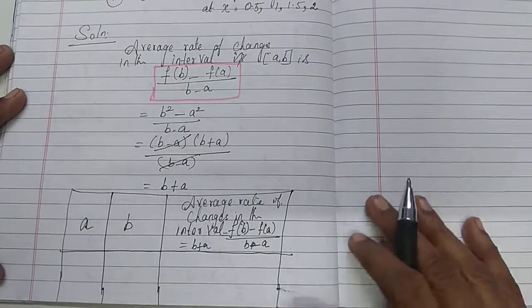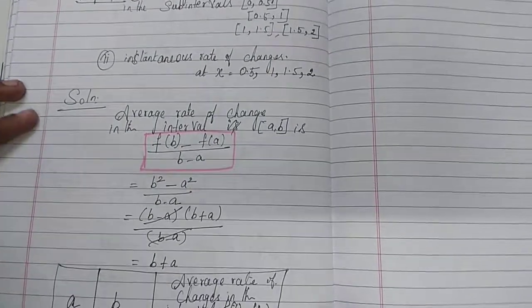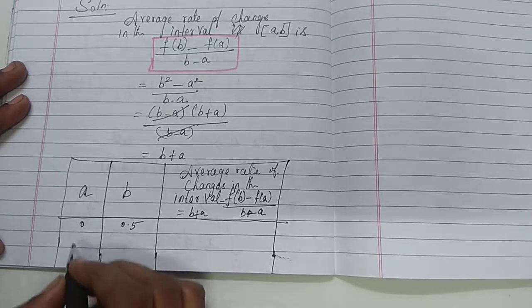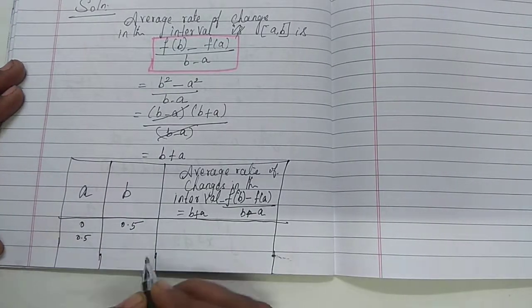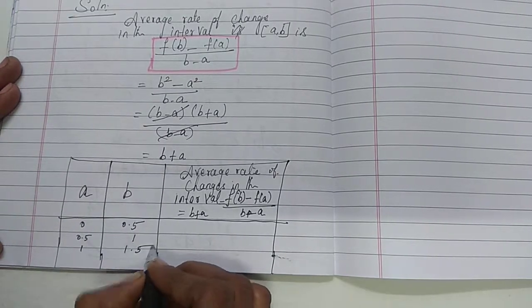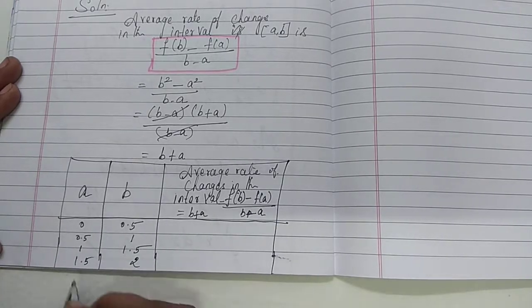Therefore, by our question, a is equal to 0, 0.5, and 0.5 to 1, and 1 to 1.5, 1.5 to 2.